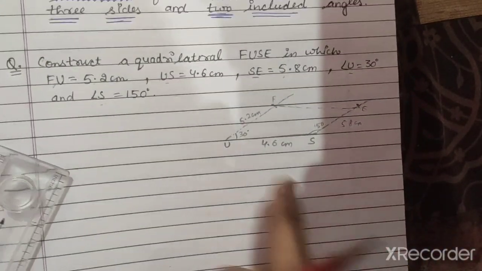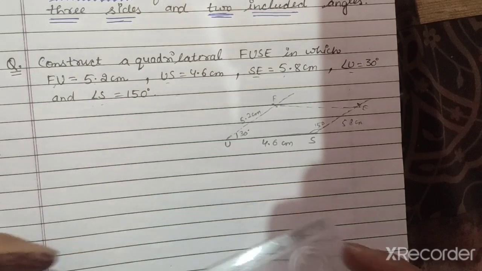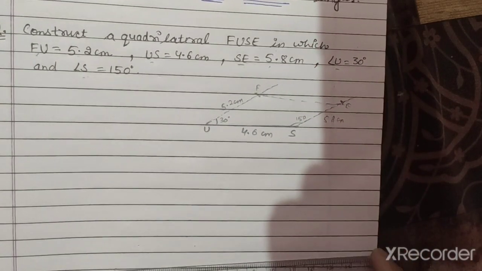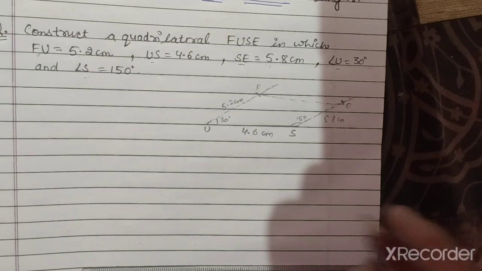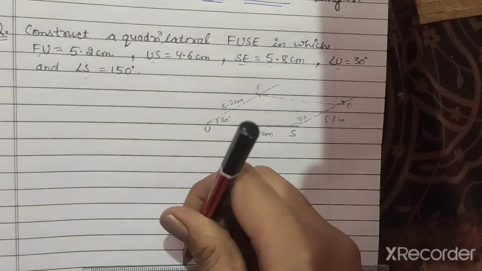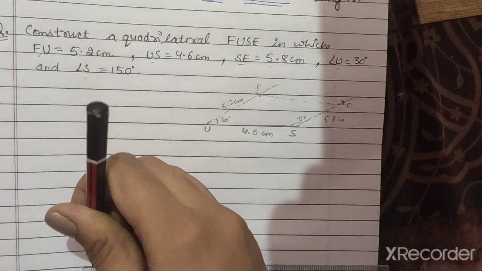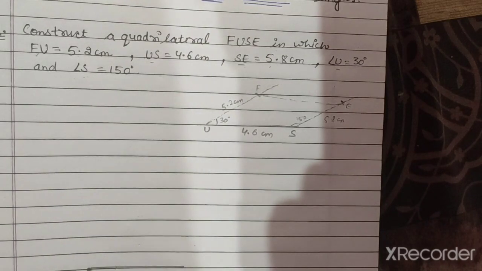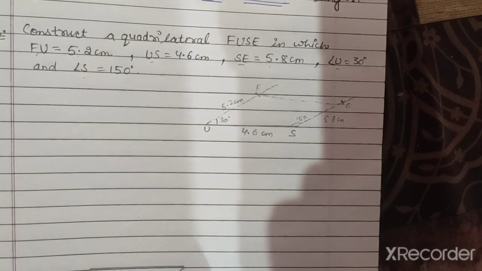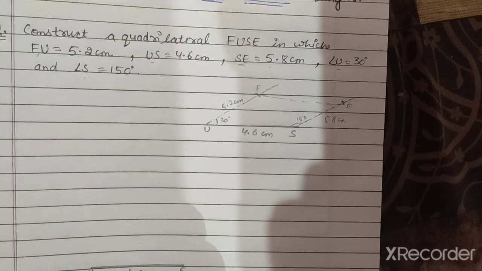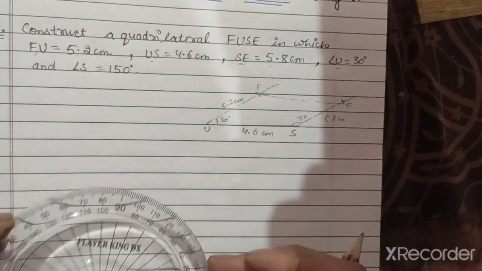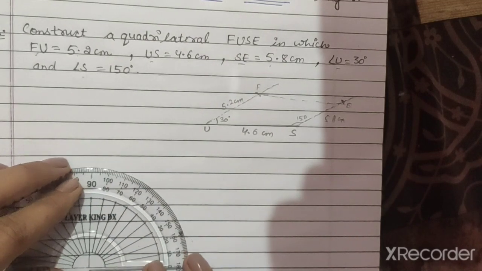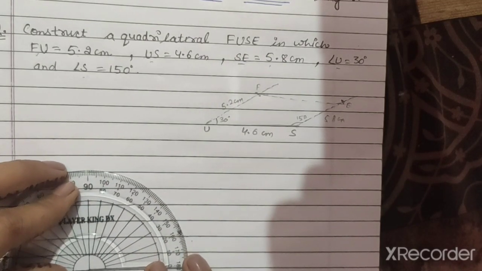Now let's draw the fair sketch. First step, draw US of 4.6 centimeters and name it. Now at U make the angle of 30°, using the protractor, aligning it with the baseline.